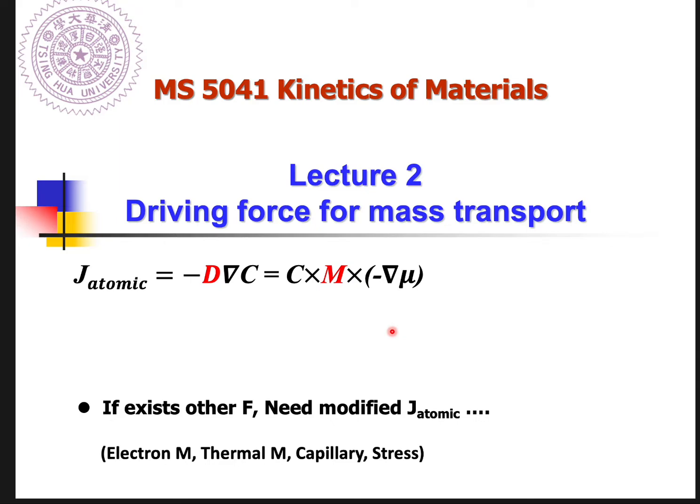Based on capillarity or stress effects, we need to modify the chemical potential of the atom. As long as it is modified, there's definitely a variation of the chemical potential gradient in space. So we need to calculate the magnitude and the direction of atomic flux.